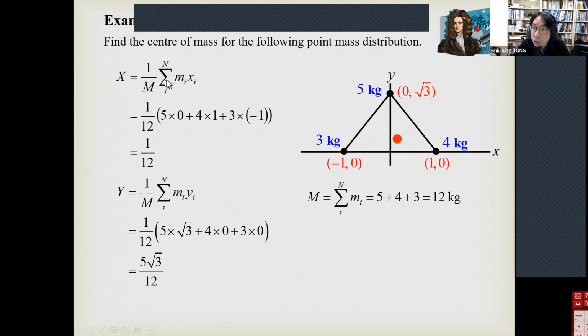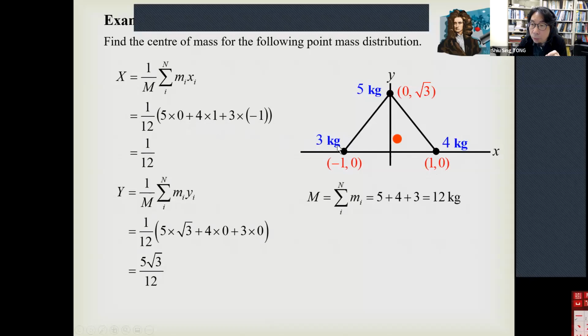For the x position, you have the summation of m_i x_i divided by the total mass. Now, we look at the individual masses. For the 5 kilogram, the x coordinate is 0, so we have 5 times 0. And then for the 4 kilogram, the x coordinate is 1, so you have 4 times 1.